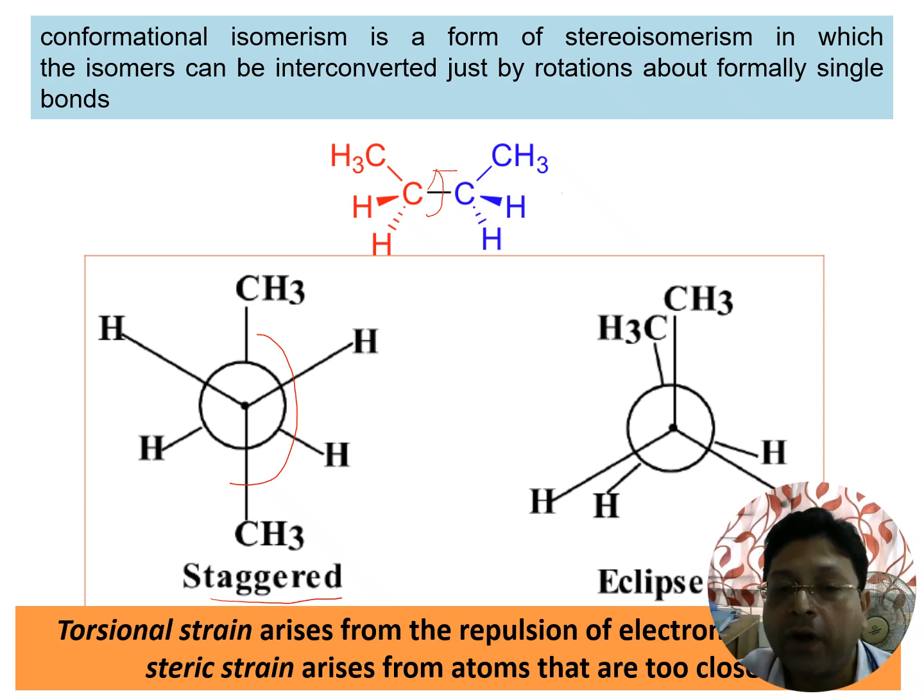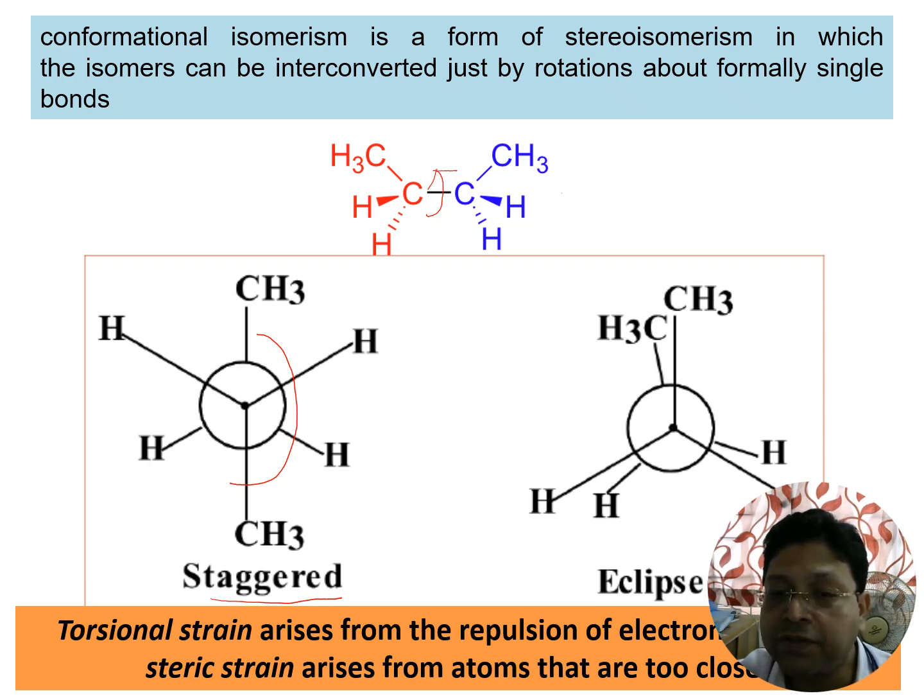Eclipsed conformation means that the C2 substituents and C3 substituents are face to face. Here in the staggered one it is in between, so that is why we call it staggered. But here we can see that this methyl and this methyl are in a straight line, this hydrogen and this hydrogen are in a straight line, and this hydrogen pair is in the same line. So they are face to face.